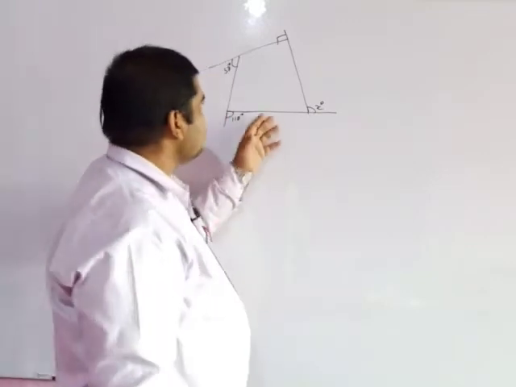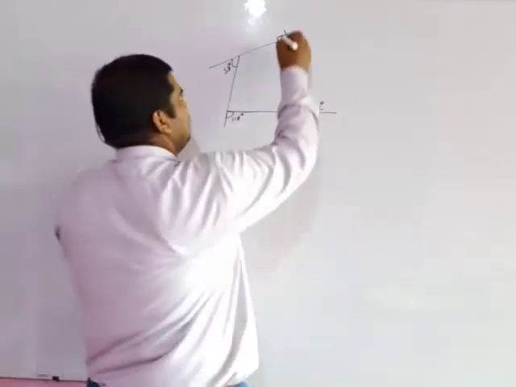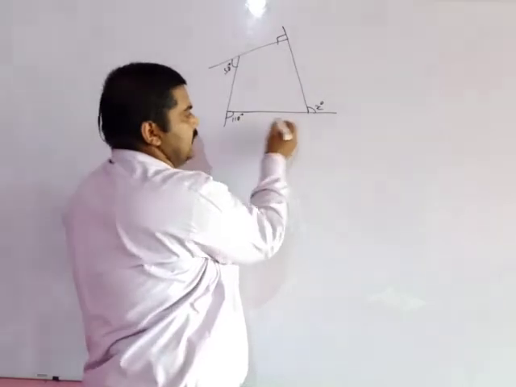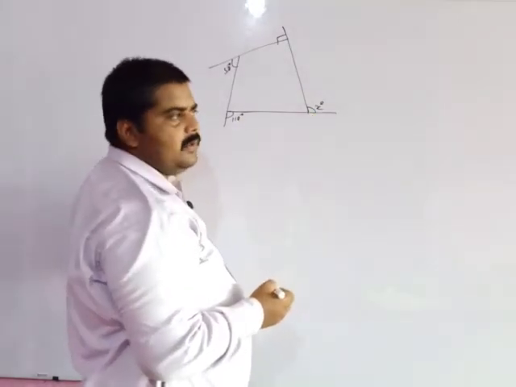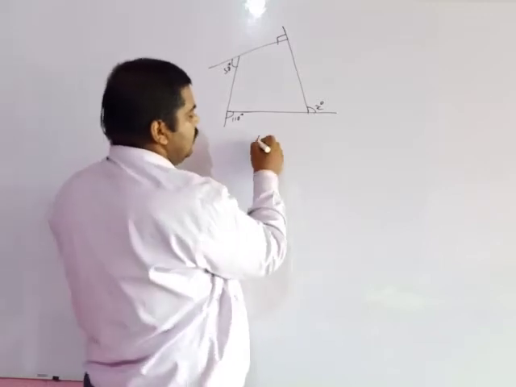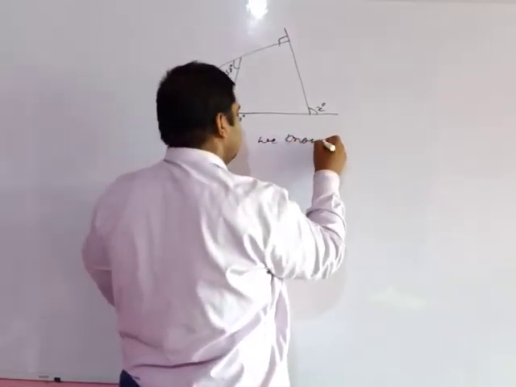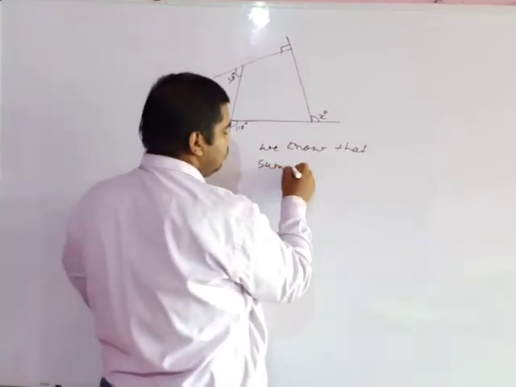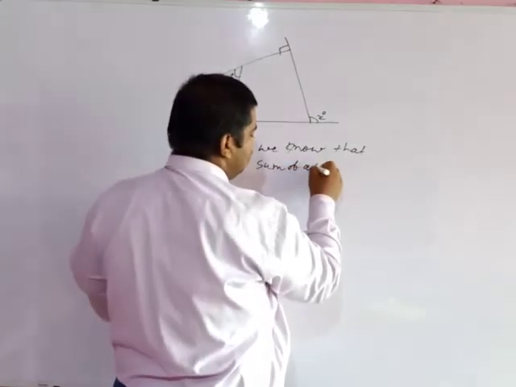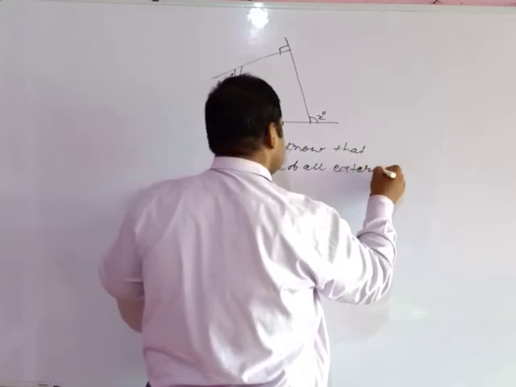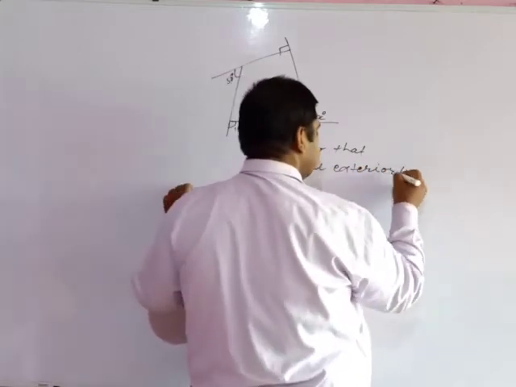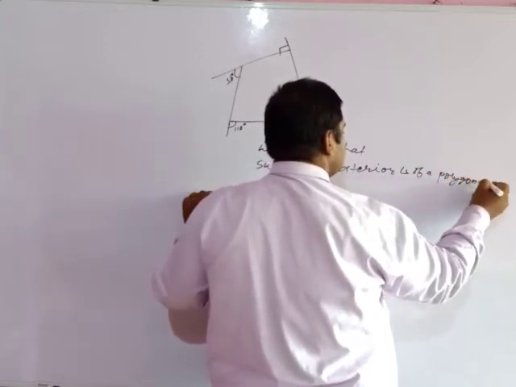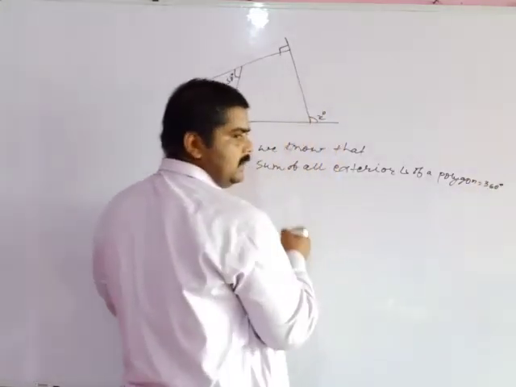My dear students, one question has been given in your exercise: these angles are 90 degree, 50 degree, 110 degree, and you need to find the value of x. We know that the sum of all exterior angles of a polygon is 360 degree.